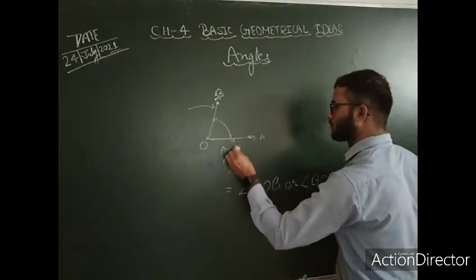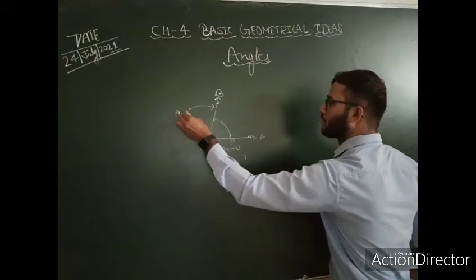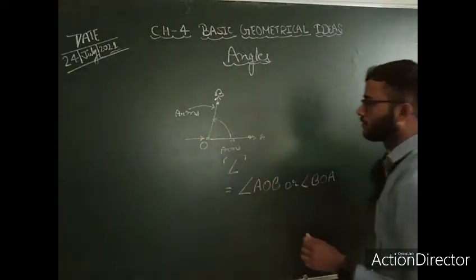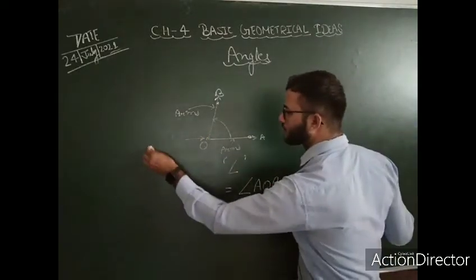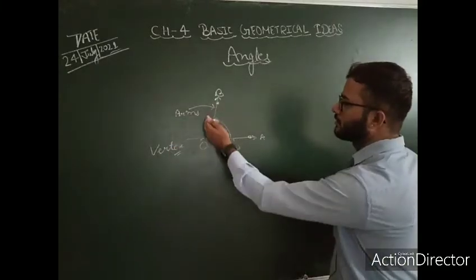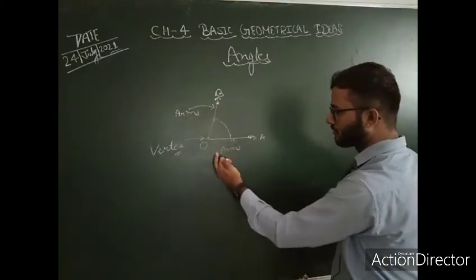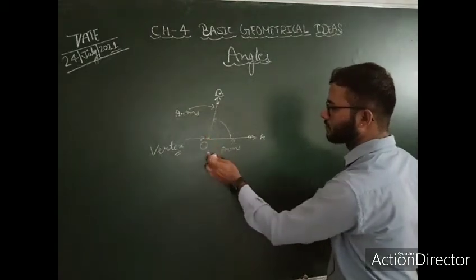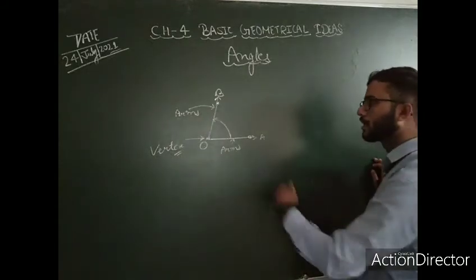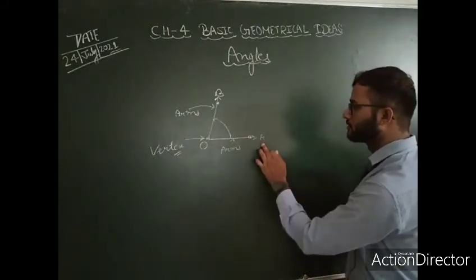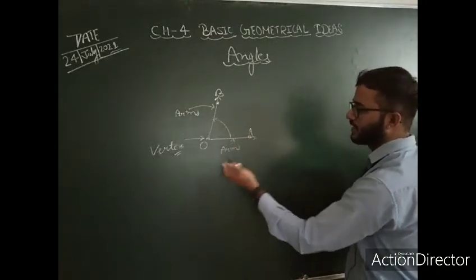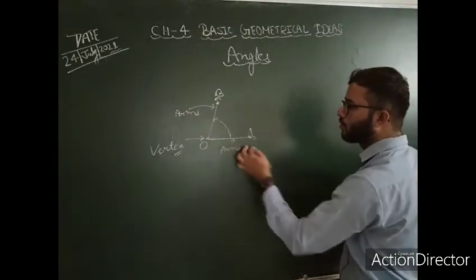Arms of an angle, and this initial point is known as the vertex. In an angle, these two rays are known as the arms of the angle, and this initial point is known as the vertex. Here I give this point the name O. Now, naming an angle: there are two methods to name this angle, like AOB and BOA.